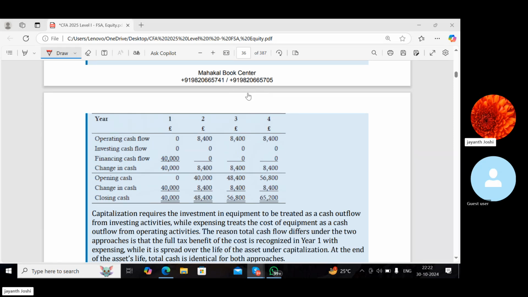Now operating cash flow is zero when we expense, because in the case of expensing, net income was zero and depreciation was zero. Financing cash flow was 40,000, and you have nothing else here, and your closing cash balance is 40,000. Again next year it's 8,400, and depreciation is zero, because we don't show depreciation when we expense. So 8,400 added to the 40,000 opening balance and then closing. This will go on every year.